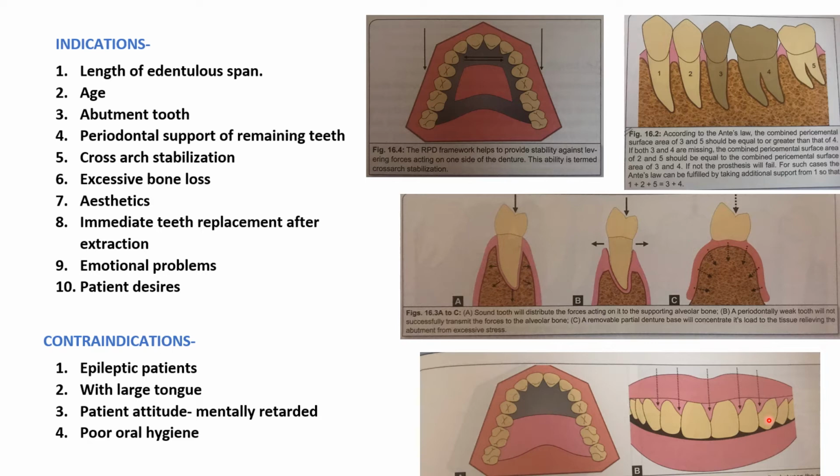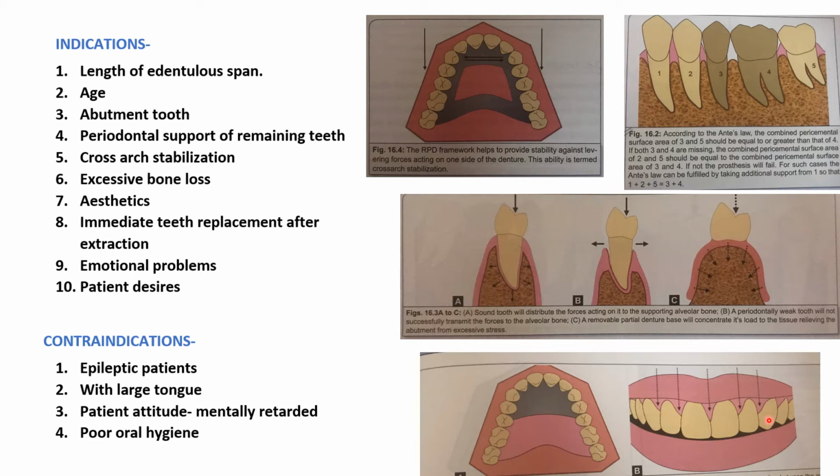If the patient requires immediate teeth replacement, you can suggest removable partial dentures. After the bone gets resorbed because of the denture, you can make changes to the denture for removable partial dentures, but you cannot do the same for fixed partial dentures. So when a patient requires immediate teeth replacement, you prefer removable partial dentures.